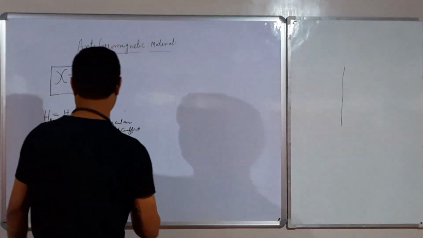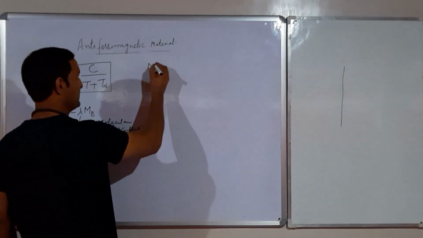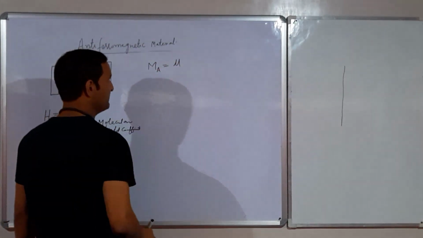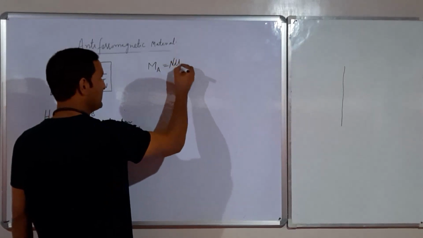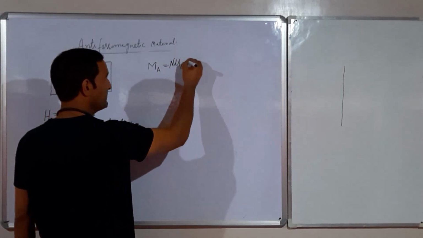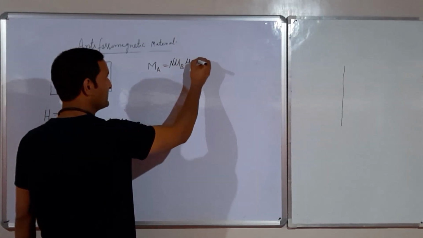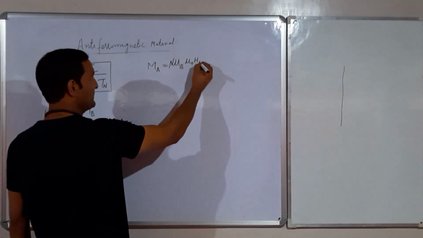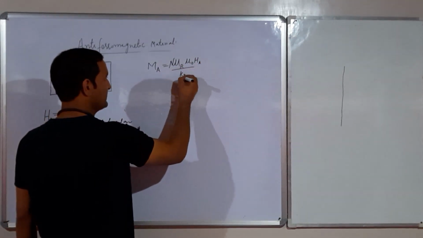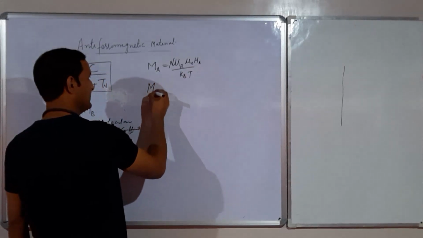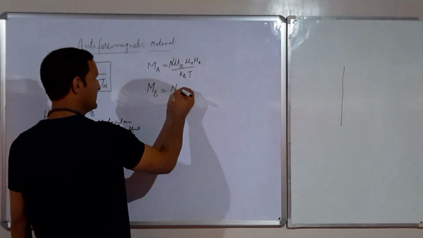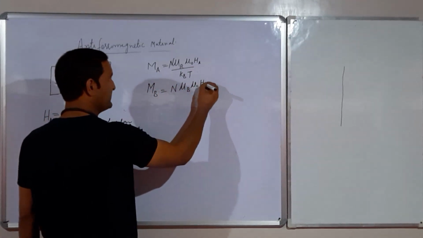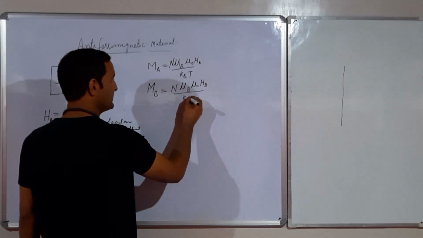the magnetization due to A can be written as MA equal to, we are familiar with this, N mu B into mu naught H, that is HA, upon KBT. Similarly, MB will be equal to N mu B mu naught HB upon KBT.